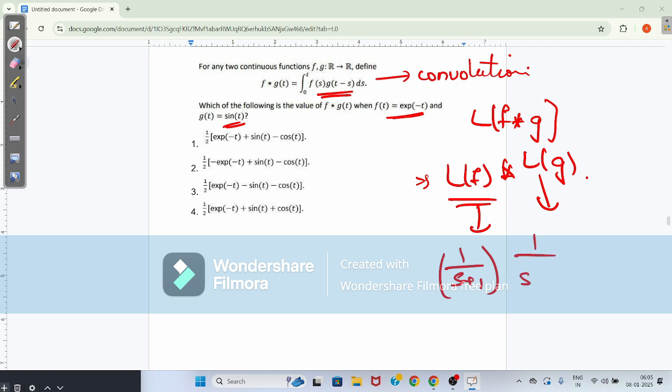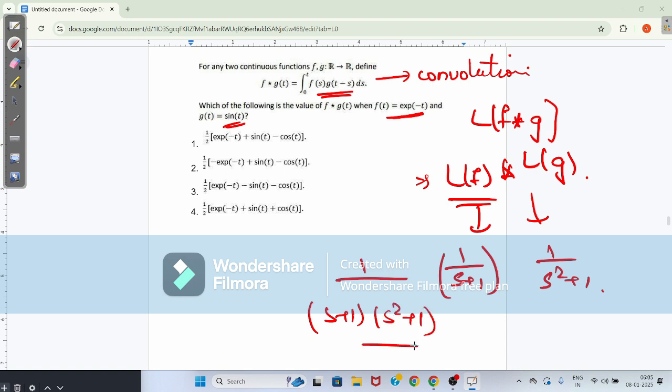So 1 by s plus 1, sorry, 1 by s square plus 1 here. So what will we get for this? 1 by (s plus 1) into (s square plus 1) here.